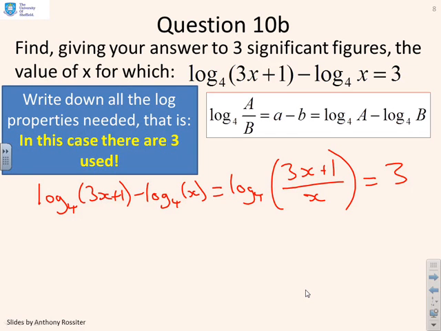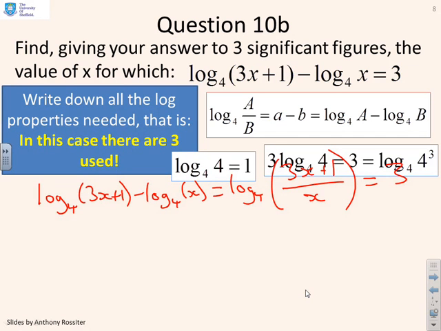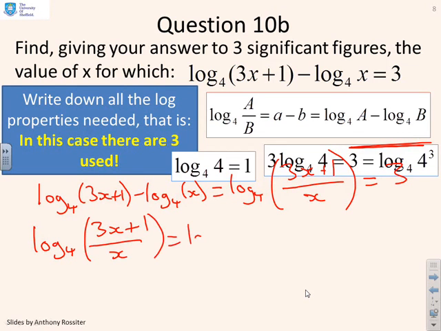However, if you know your power rule, so we'll put that in here, so it's overlaid, what you'll notice is that 3, you can see I've put it here, is log to the base 4 of 4 cubed. So I can now write log to the base 4 of 3x plus 1 over x is equal to log to the base 4 of 4 cubed, because that equals 3.